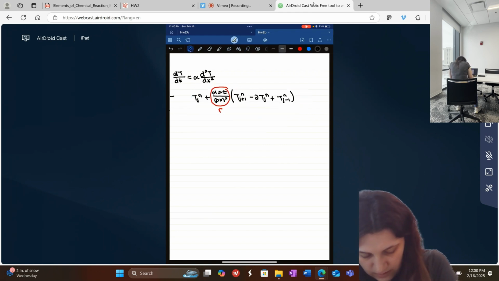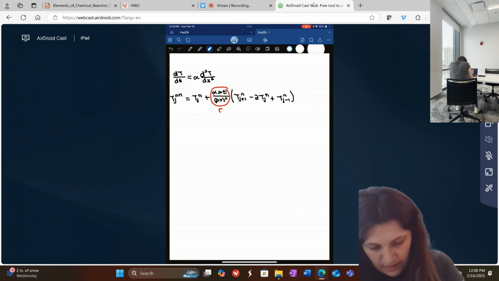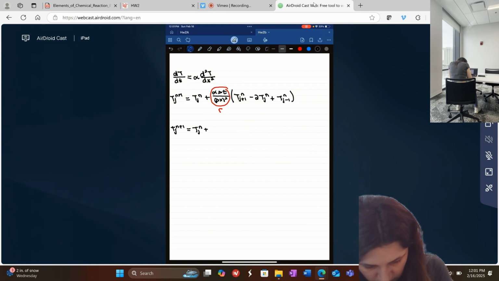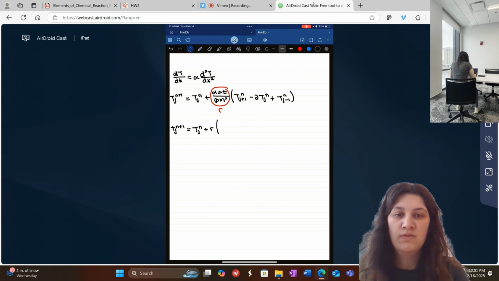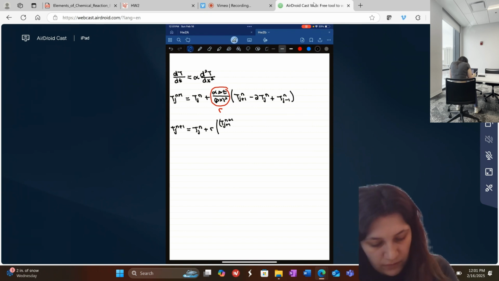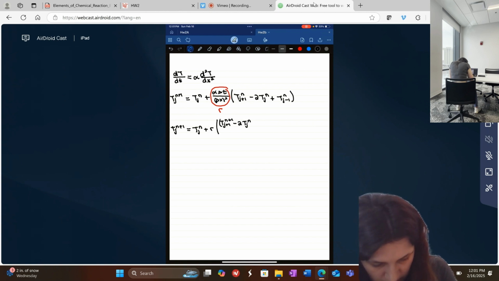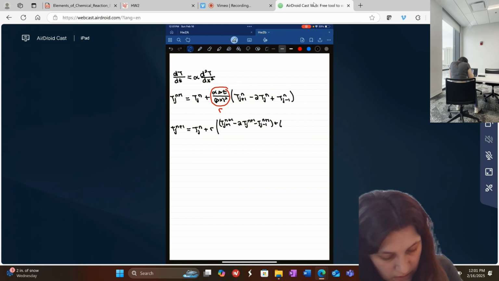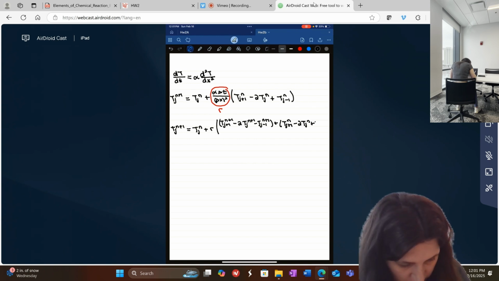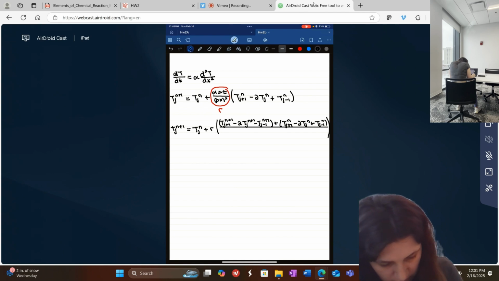So what we end up with when we take the average is Tj n+1 is equal to Tj n plus r times the approximation of the second derivative at the next time, T(j+1) at n+1 minus 2 Tj n+1 plus T(j-1) n+1, plus T(j+1) n minus 2 Tj n plus T(j-1) n, all of that divided by 2.